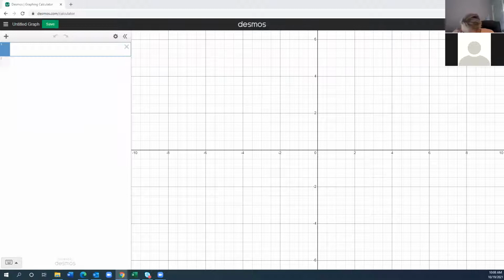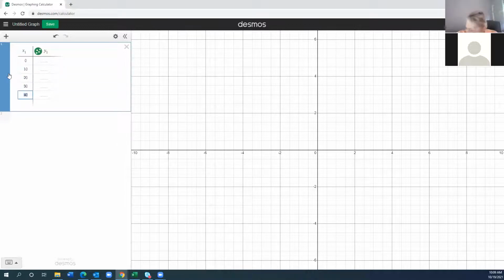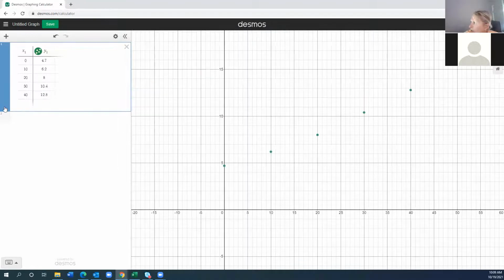So, for this data on the US, the percentage of the US population that's foreign born, we go ahead and put our data in, and you're right, it kind of looks like it could be either, when we do our graphing here.